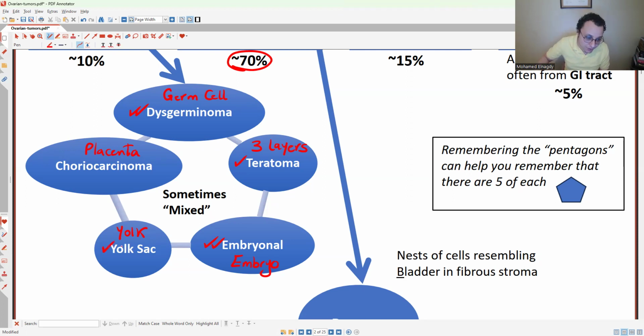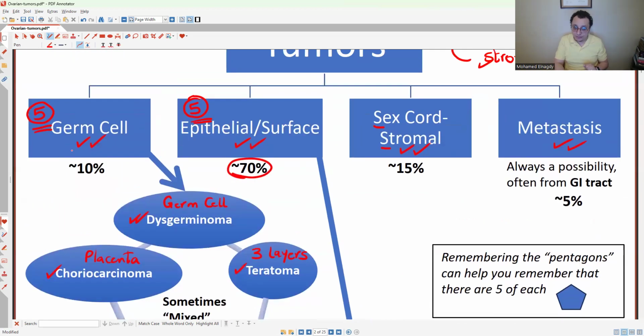And you have the yolk sac, so yolk sac tumor, and you have the placenta, the tumor coming from the placenta is choriocarcinoma. So very easy to memorize. Memorize the germ cell forming an embryo with placenta, three germ layers, and yolk sac. You'll be able to memorize the 5 entities.